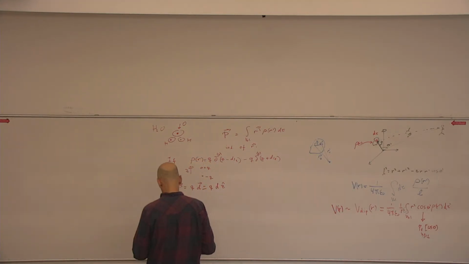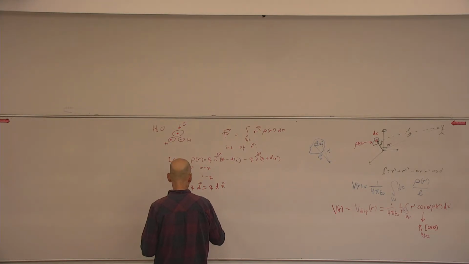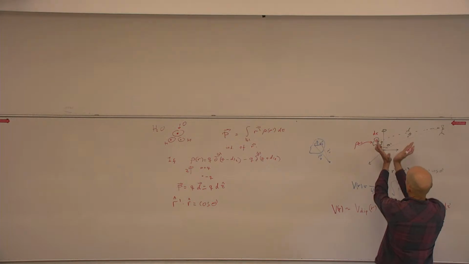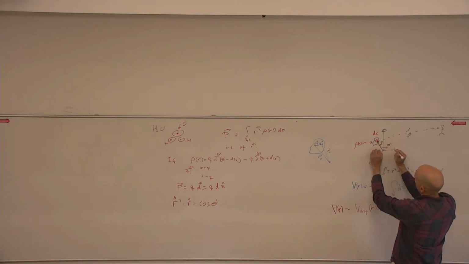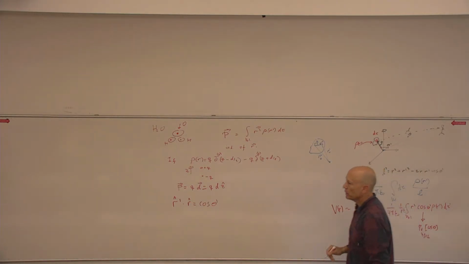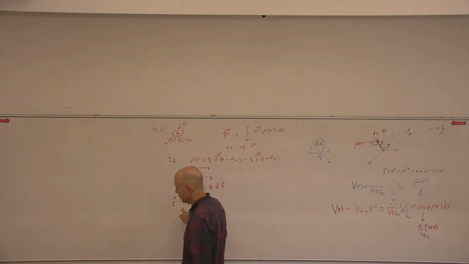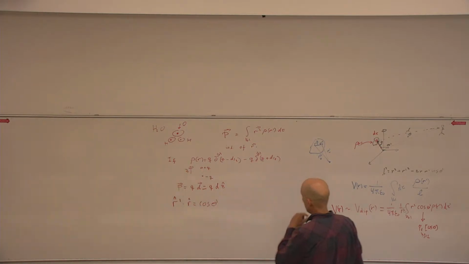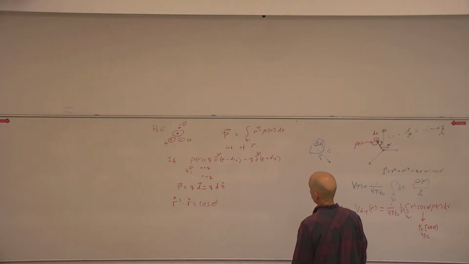So r prime, this is just cosine theta. So by definition, this is these two angles, and I have a unit vector here and a unit vector there, and this is by definition this definition of the dot. This is this cosine theta, and then I can use this.